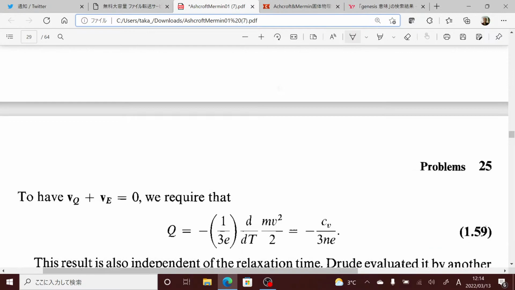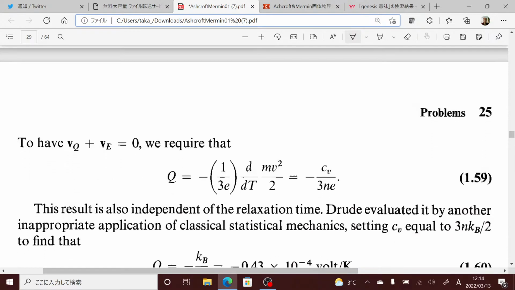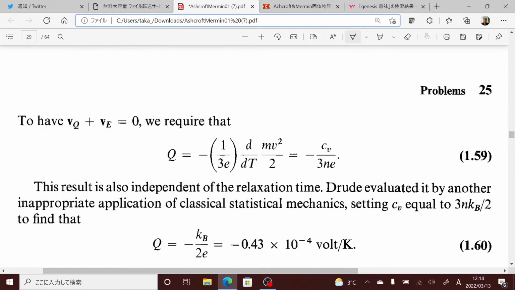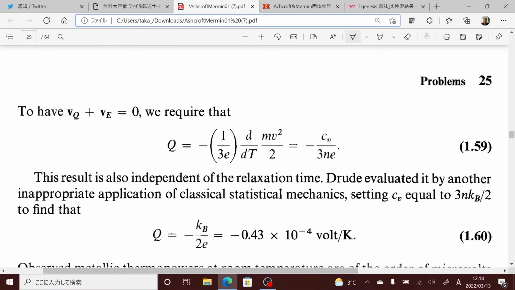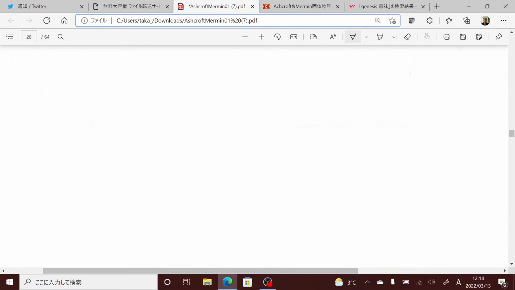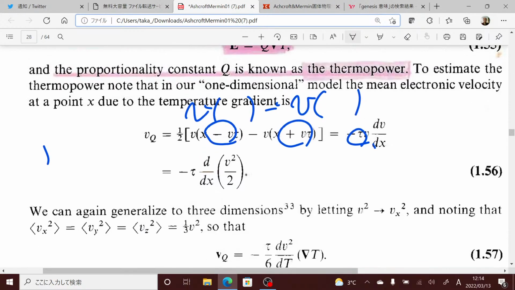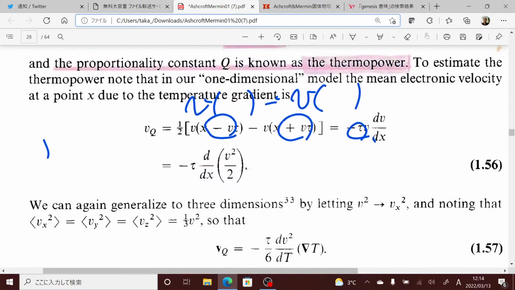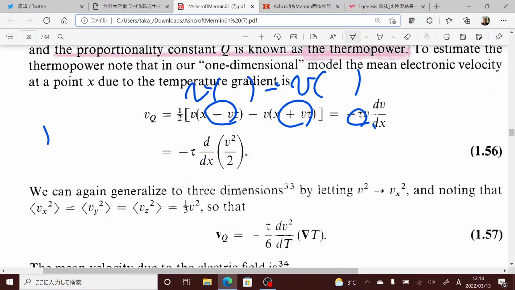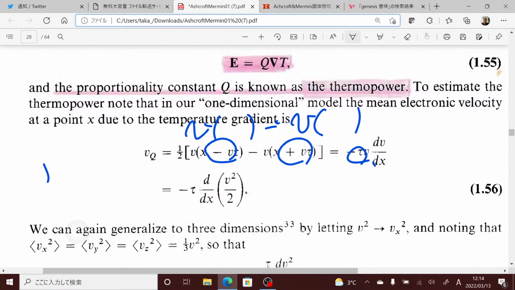To have v_Q plus v_E equal 0, we require that Q is E over the temperature gradient.